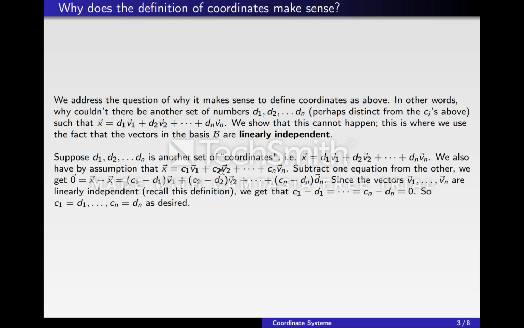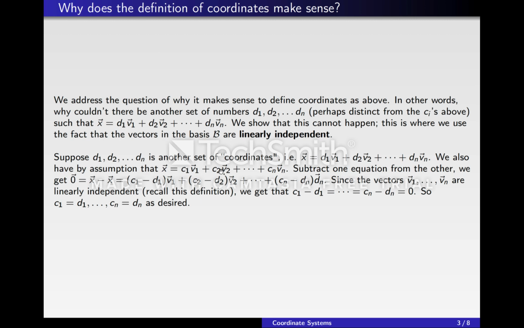And the vectors v1 through vn are linearly independent. So this is where we're going to use the definition of linear independence. You've got a linear combination of vectors v1 through vn that equals the zero vector. So in this case, c1 minus d1 times v1 plus dot, cn minus dn times vn equals 0.